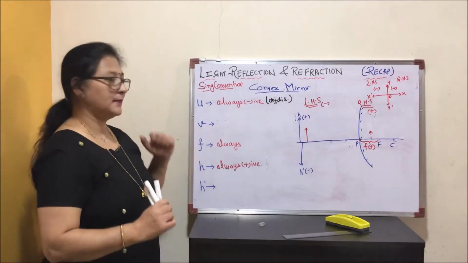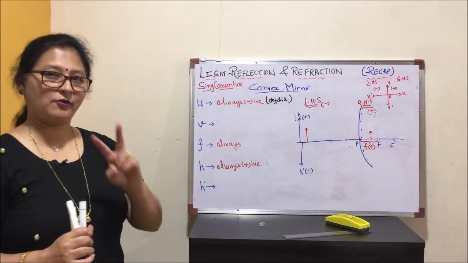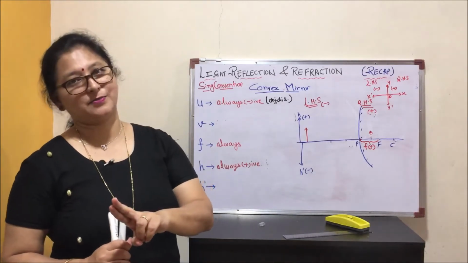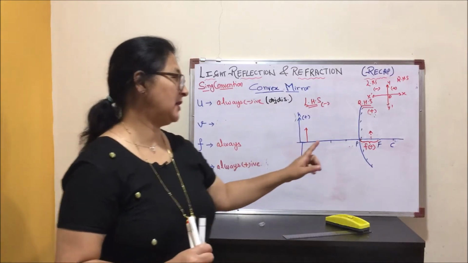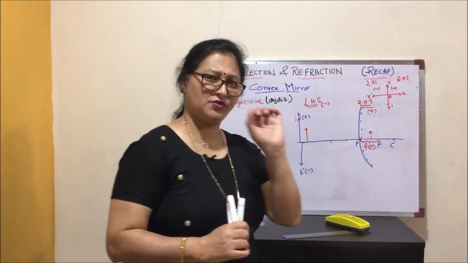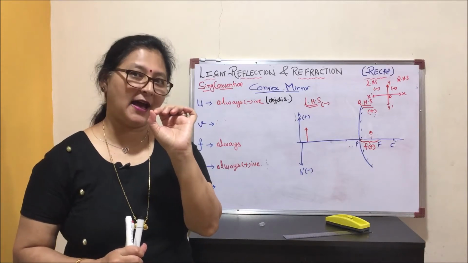Now coming to the image. In case of convex mirror, we have only 2 ray diagrams, and in both the ray diagrams the image was formed at F, which was highly diminished, virtual and erect.